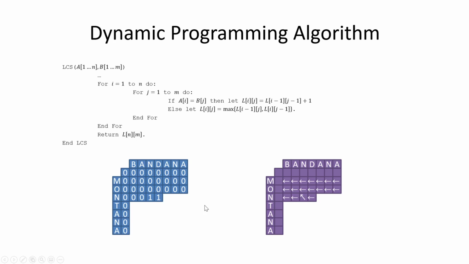And so now we'll see this 1 sort of propagates, and will propagate again. And actually now we get another match. But our match is look to our diagonal and add 1. And this actually gives us an interesting case here, that this is telling us that the longest common subsequence of mon and bandan is 1, and indeed it's the n, but there's actually 2 matches, this one here and this one here.